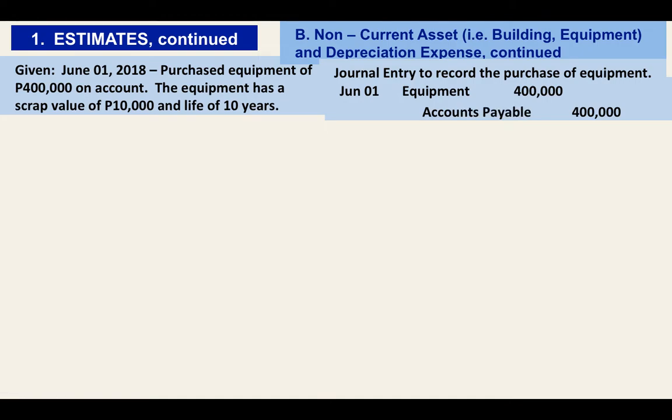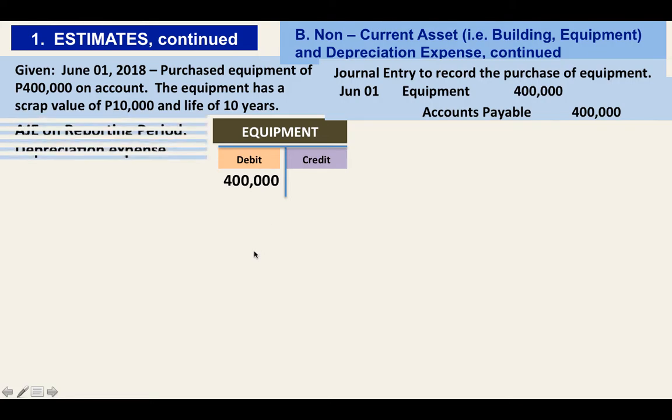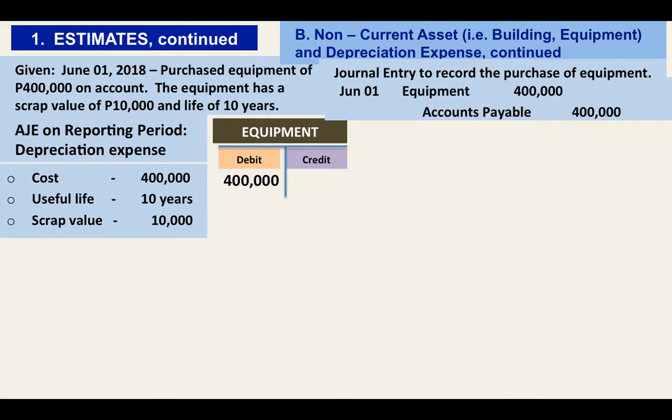Alam niyo na to, di ba? So here we will have 400,000 on our equipment T account. Now we are going to do the adjusting journal entry, and we will adjust the decline in value of the equipment, and that is our depreciation expense. So we have to compute our depreciation expense.